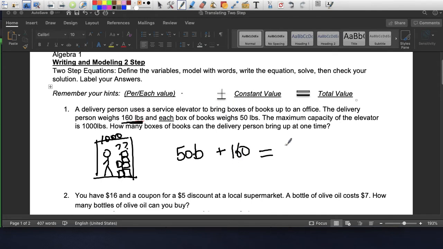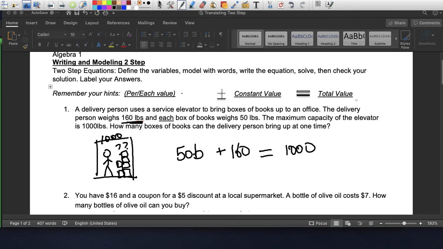And all that has to equal 1,000. So 1,000 is equal to the 160 pounds that the gentleman weighs, plus as many 50-pound boxes as can be put into the elevator. So that's my equation. I didn't ask you to solve it, I just asked you to write the equation.